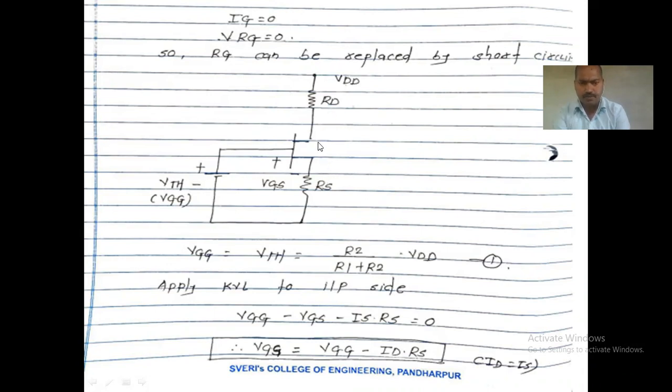So minus the drain to source voltage, minus VDS, minus IS into RS, because it is plus to minus. So the output equation is plus VDD minus ID into RD minus VDS minus IS into RS.